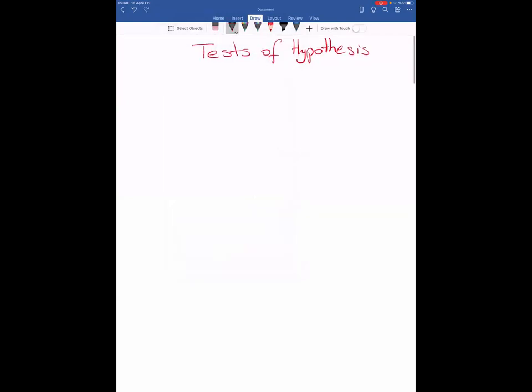So a hypothesis is a statement about an unknown population parameter.